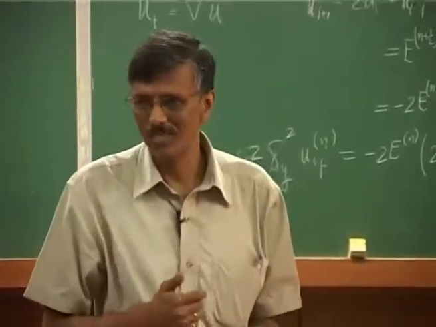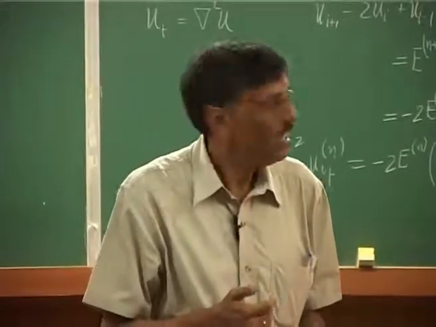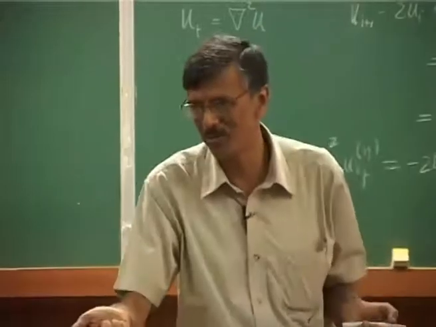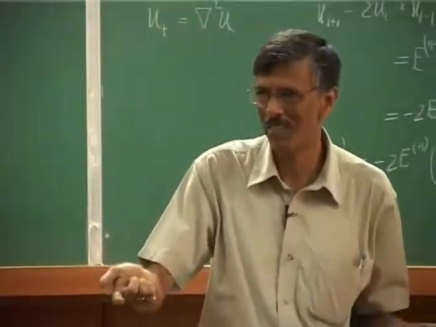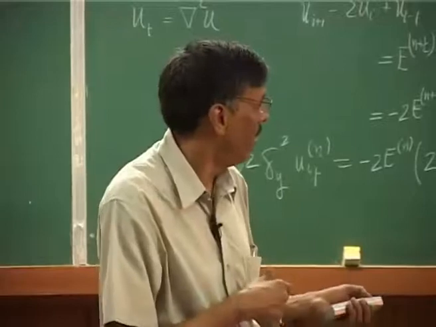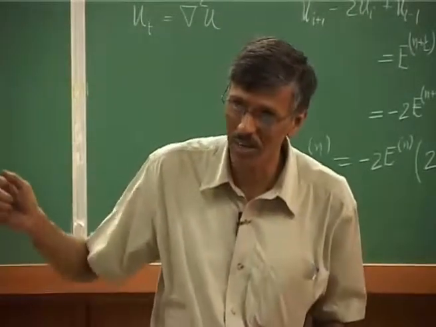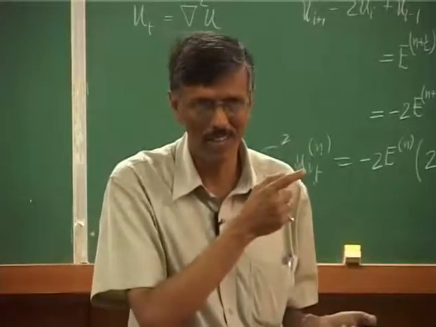What is advantageous in this sense? If I am working on a coarser grid, of course I am doing less work, a lesser number of points. But in ADI, I kept on working on the finest possible grid, right?